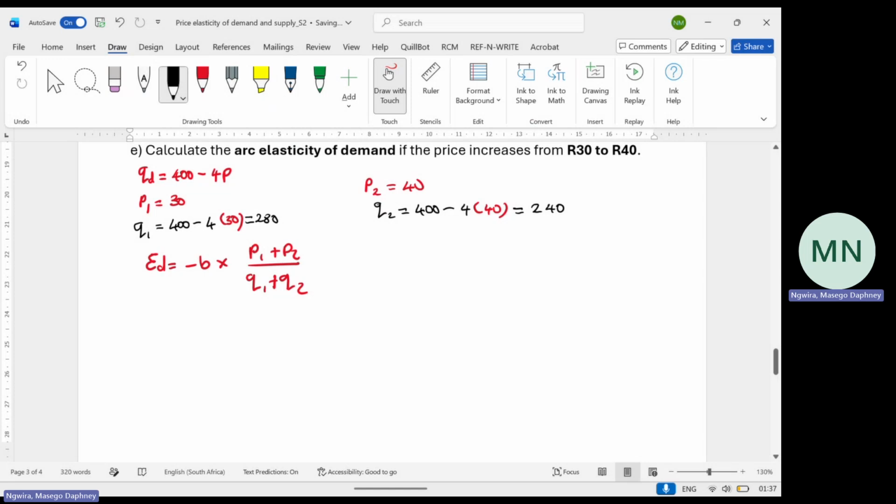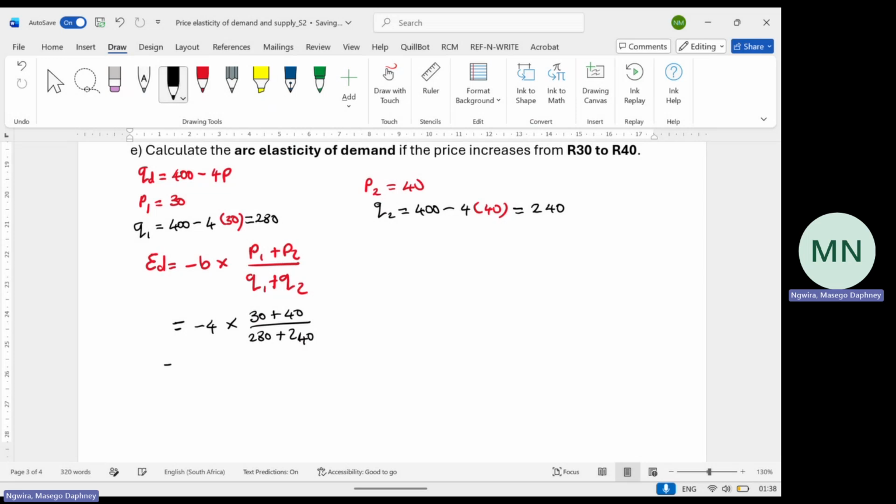We are going to have negative 4 times the price 1, which is 30, plus 40 over 280 plus 240.